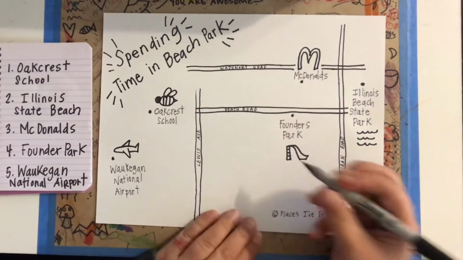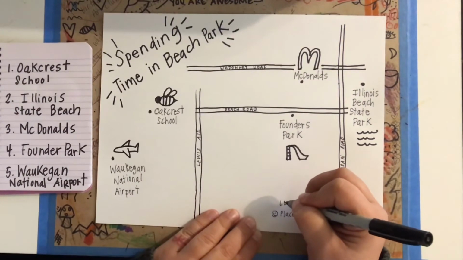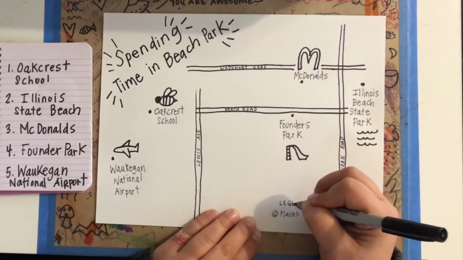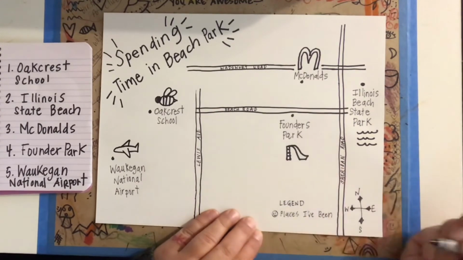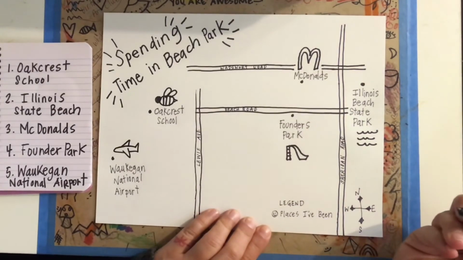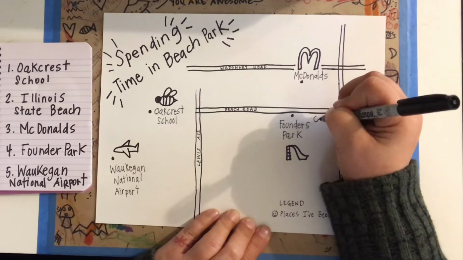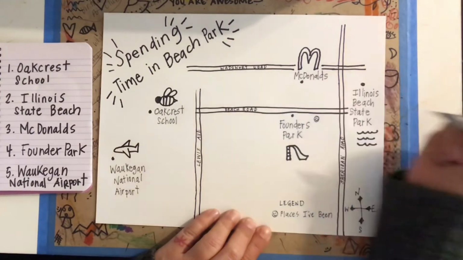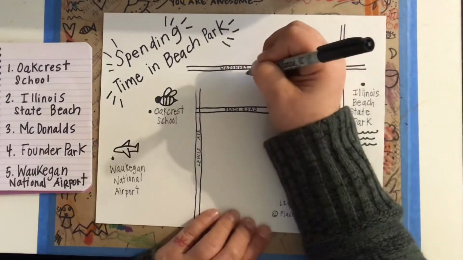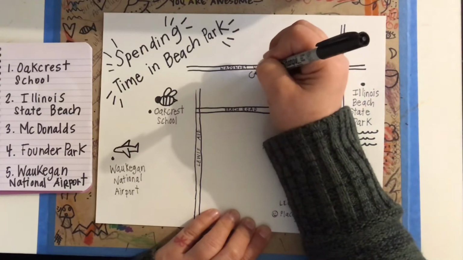Start adding, and I know I should write the word legend above that. And so I know that I have been to Howe School, which is over here, so I'll put a smiley here. And Kenneth Murphy School is about here.